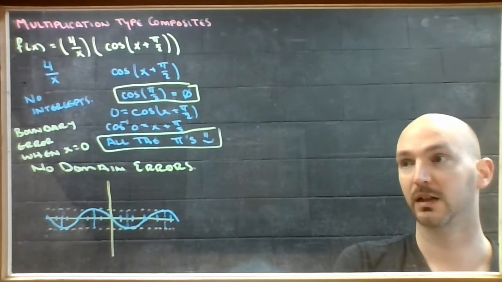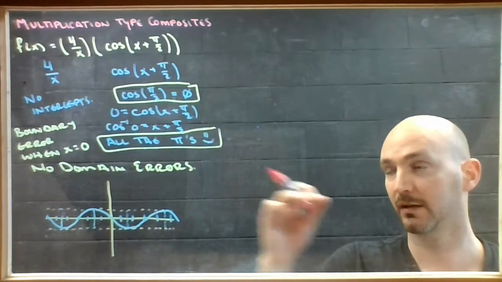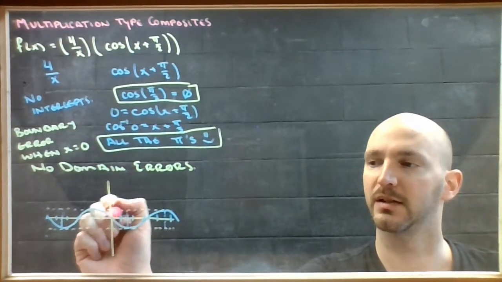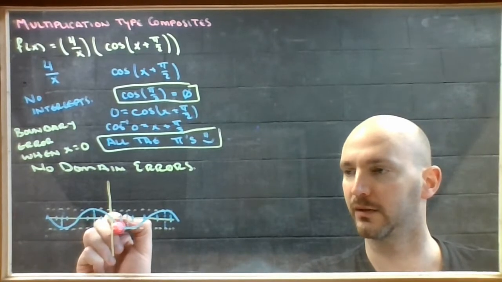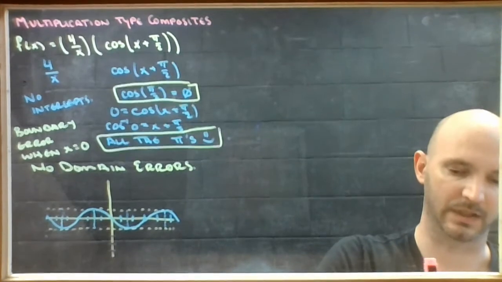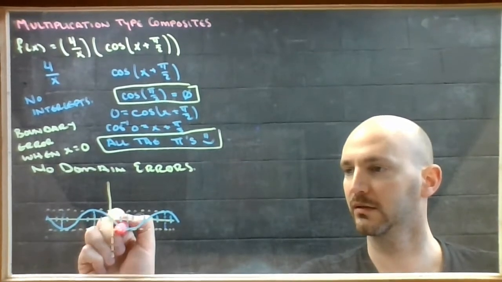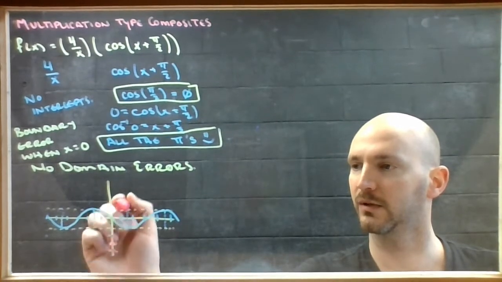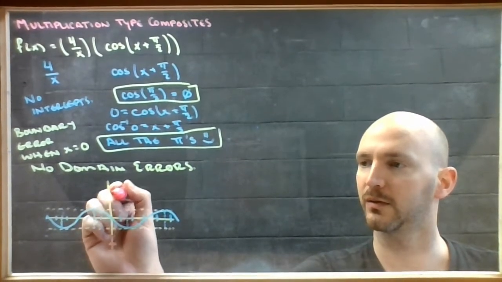Alright, now this rational function, it has an a value of 4. So instead of over 1, down 1, it'll be over 1, down 4. 1, 2, 3, 4. 1, 2, 3, 4.